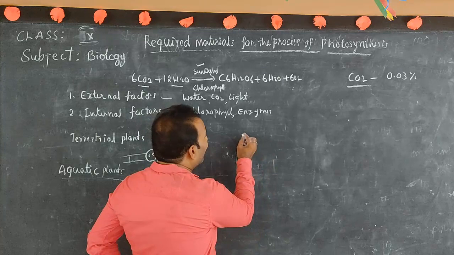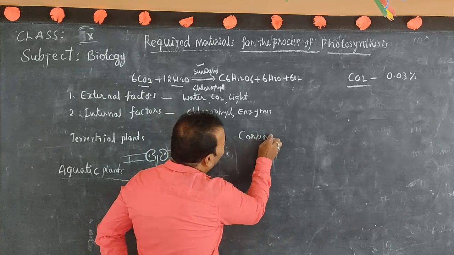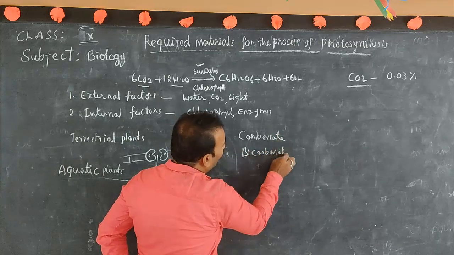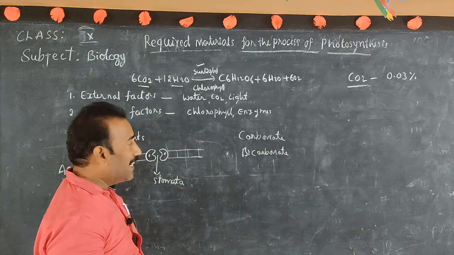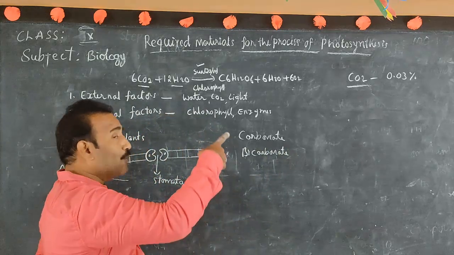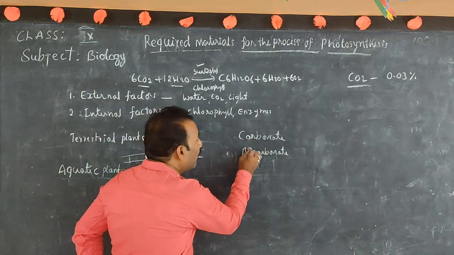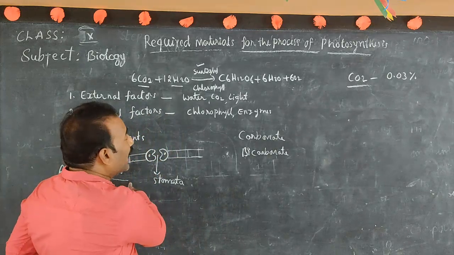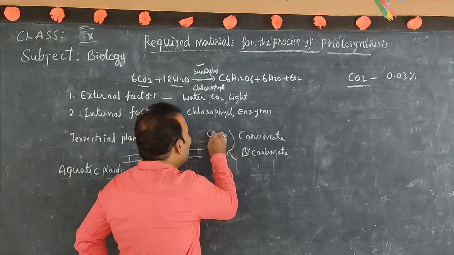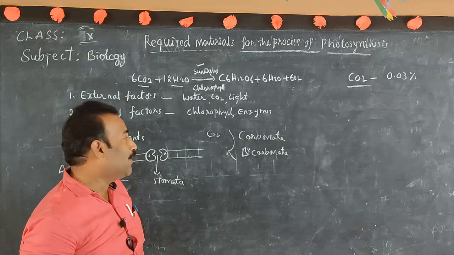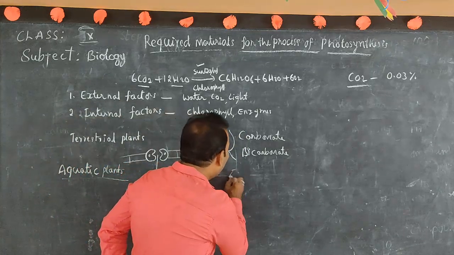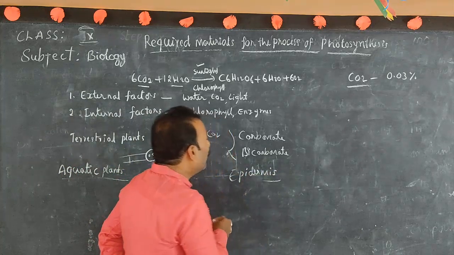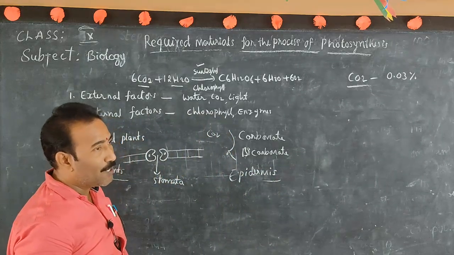It is stored in the water in the form of carbonate and bicarbonate. That's why in aquatic plants, CO2 diffuses into the tissues of the leaves through their epidermis, in the form of carbonate and bicarbonate.